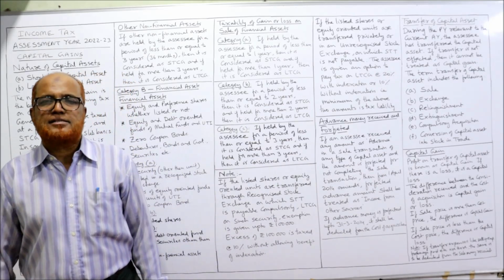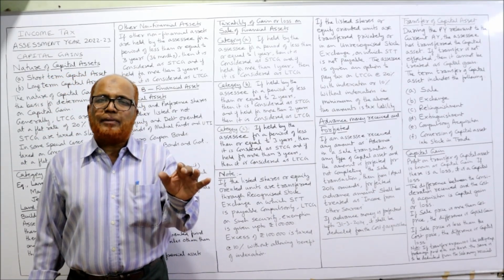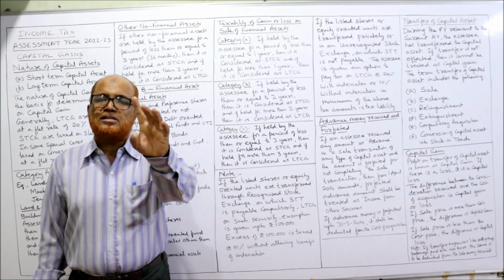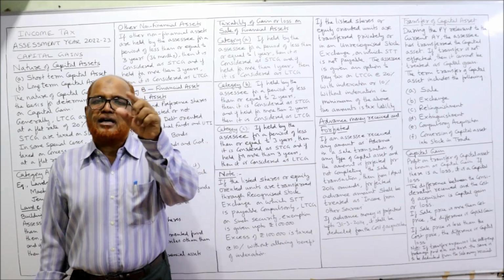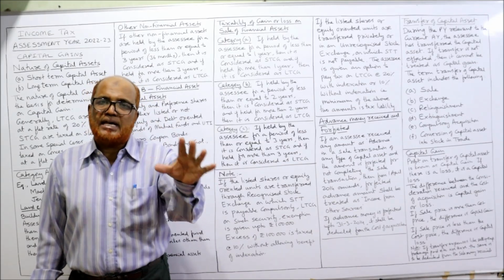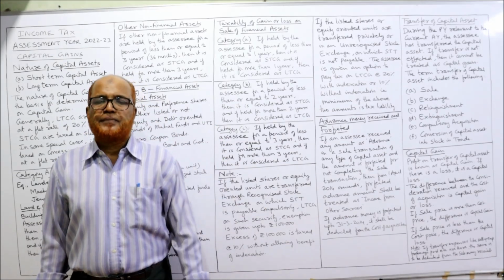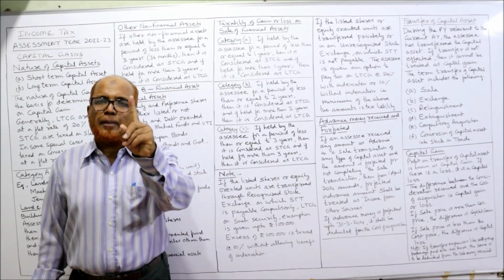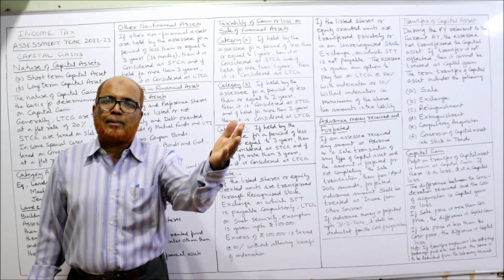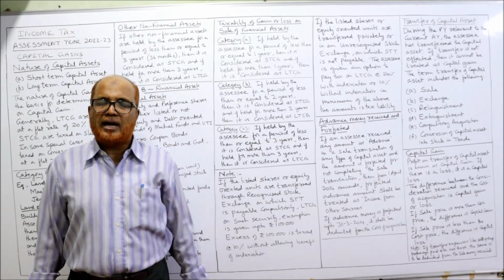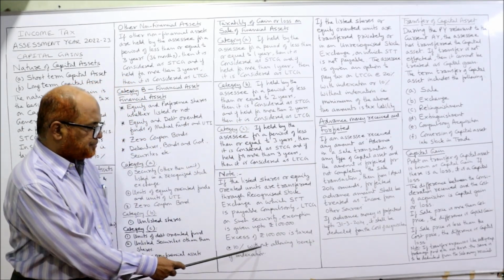Income Tax Act says, if the long-term capital gain is up to 1 lakh rupees, it is exempted. If the shares are listed in a recognized stock exchange on which STT is payable, then long-term capital gain up to 1 lakh rupees is exempted. Over 1 lakh rupees, capital gain is taxed at a flat rate of 10%.